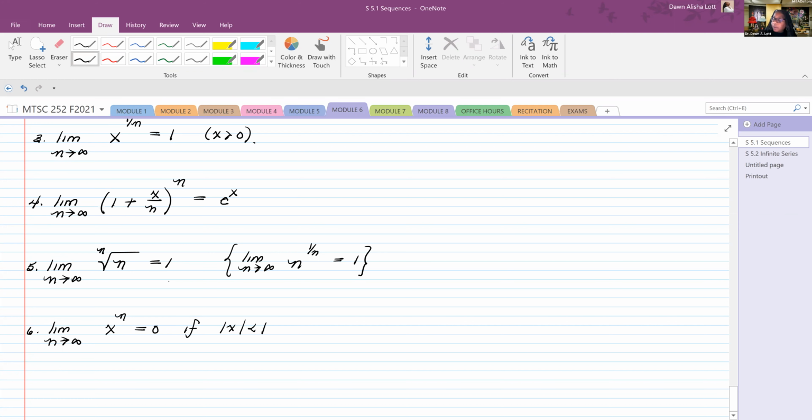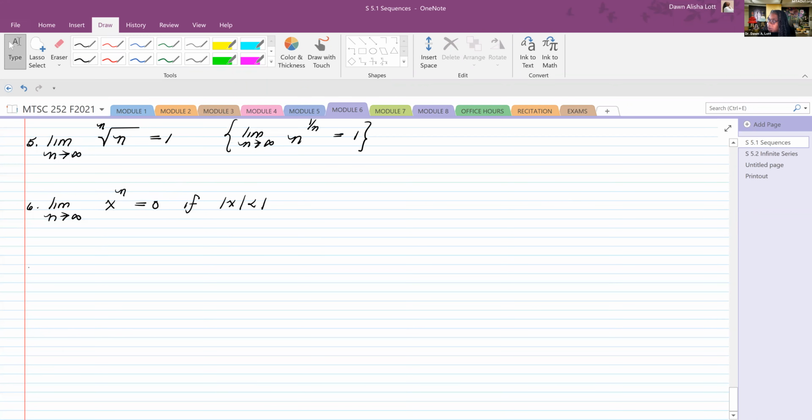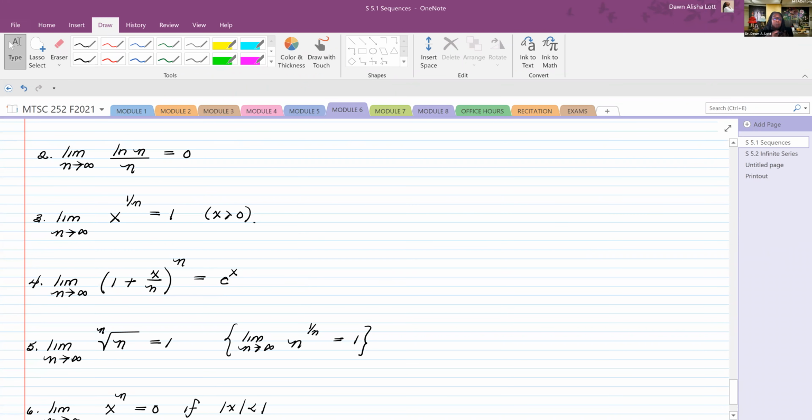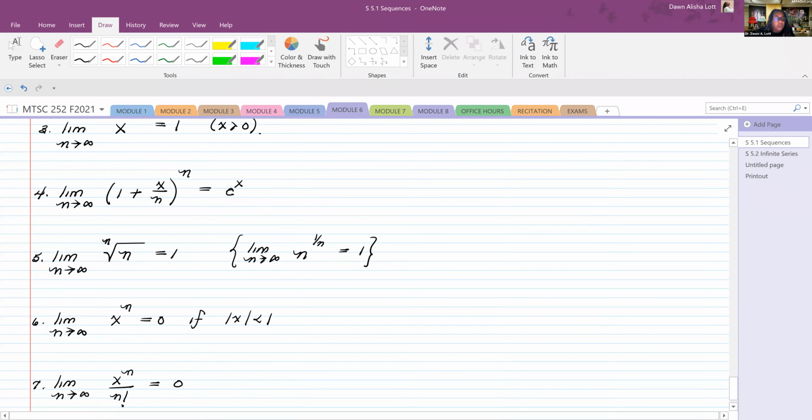And number 7, the limit as n approaches infinity of x to the n over n factorial is also 0. Okay, so these 7 limits are common limits that you're going to see as part of other functions. And so you're going to need to use those. Okay, so I'll give you some quick examples.